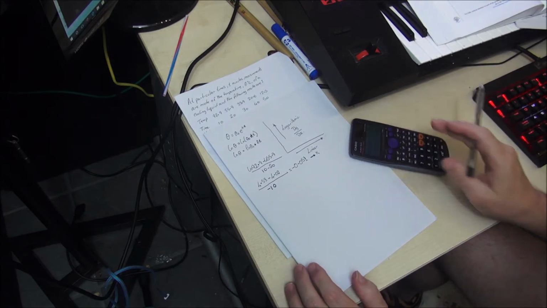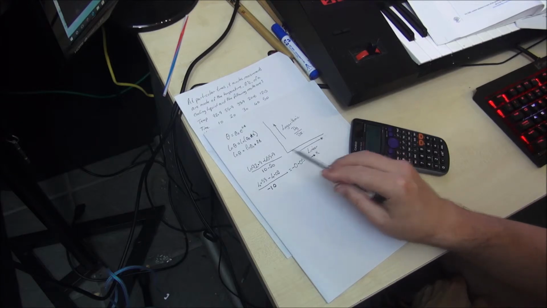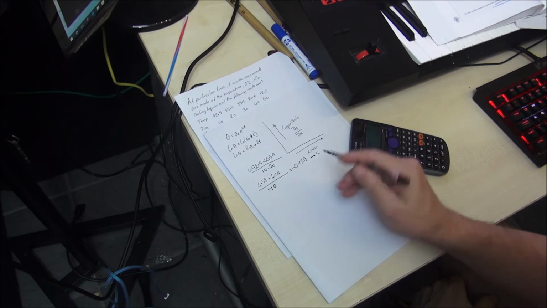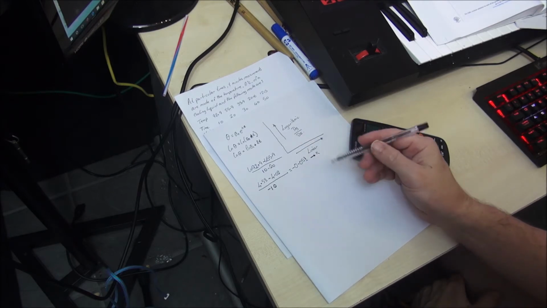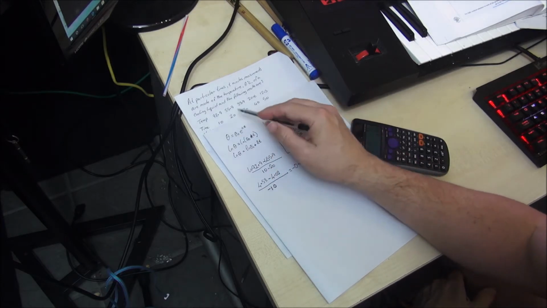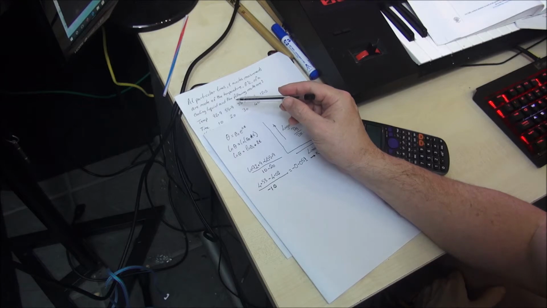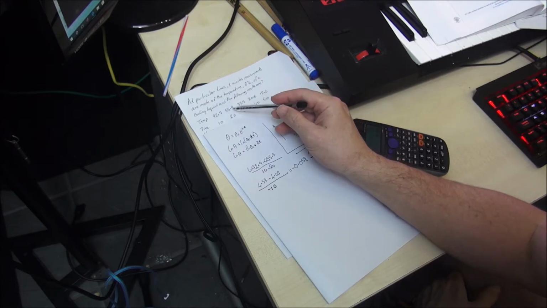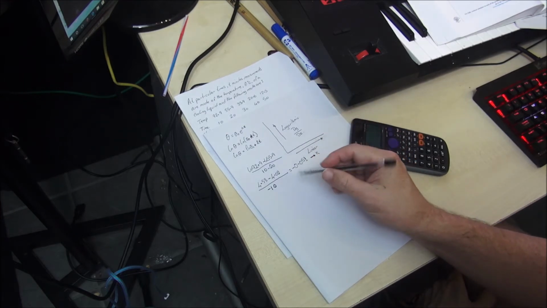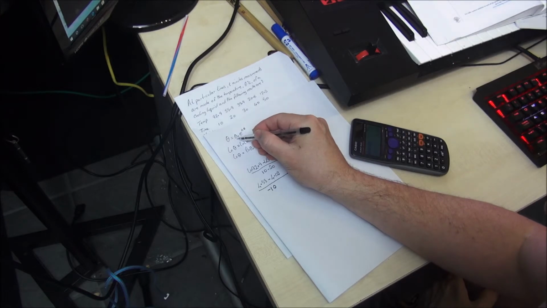Okay, so what we can do now is plug k back into our original equation in many different ways. So to demonstrate this, I'm going to take a temperature. Let's have a look. I'm going to look at 55.9. And what we're trying to find now is this value here.